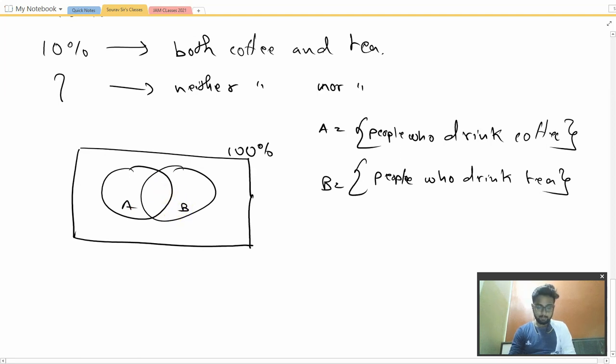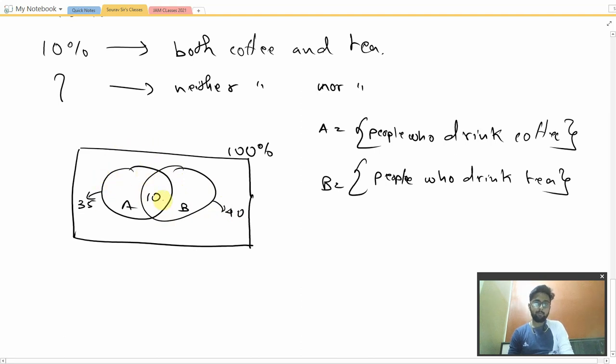Looking at the data, we know that 35% of the employees drink coffee, so this total circle A is 35. I am writing it outside as 35. And 40% of the employees drink tea, so the total circle B has 40. The overlapping set is 10, because 10% drink both tea and coffee.